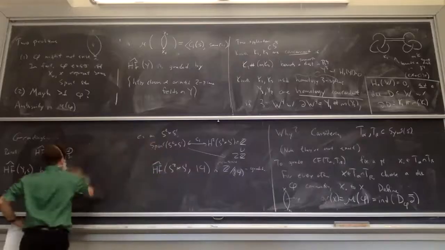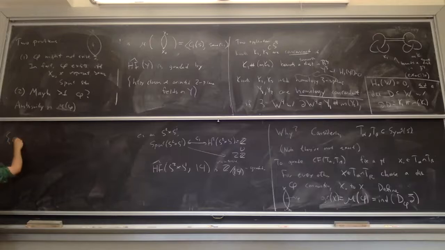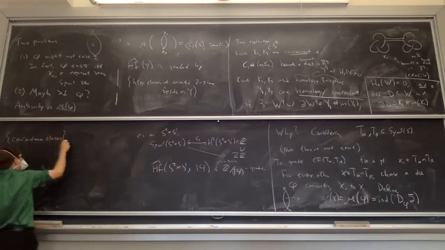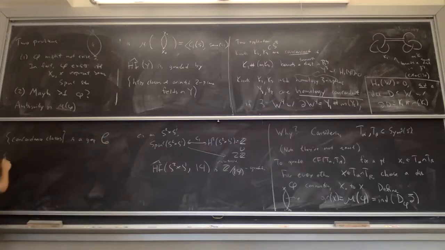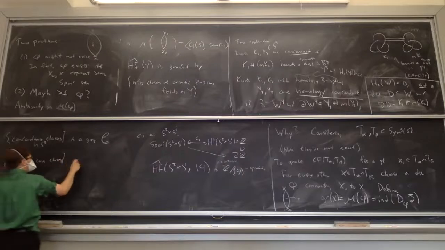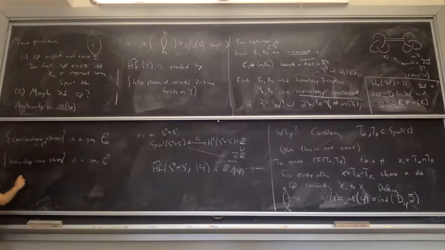So what do we have? We have concordance classes form a group, call it C, and the set of homology concordance classes is another group, C tilde, and we have a homomorphism from C to C tilde, because if I have a knot in S3, it's in a homology sphere.